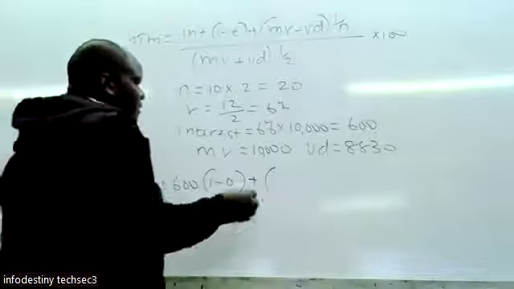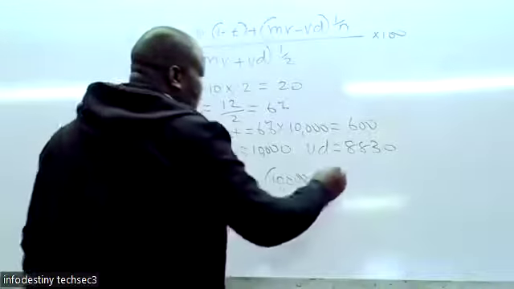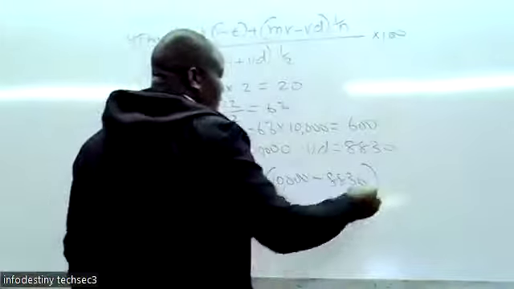So maturity value is 10,000. Current value is 8830. So n is 20.